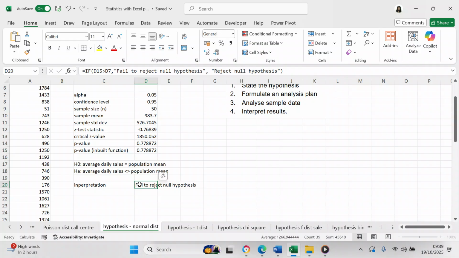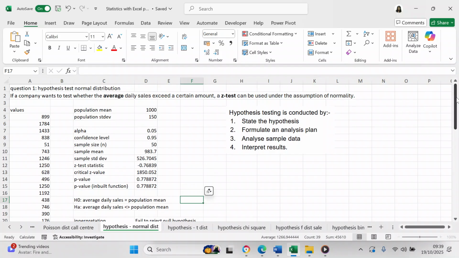Otherwise, you're going to type reject null hypothesis. You can see the p-value is 0.77, but the alpha is 0.05. So the p-value is a lot larger than the alpha, which means you're going to fail to reject the null hypothesis.